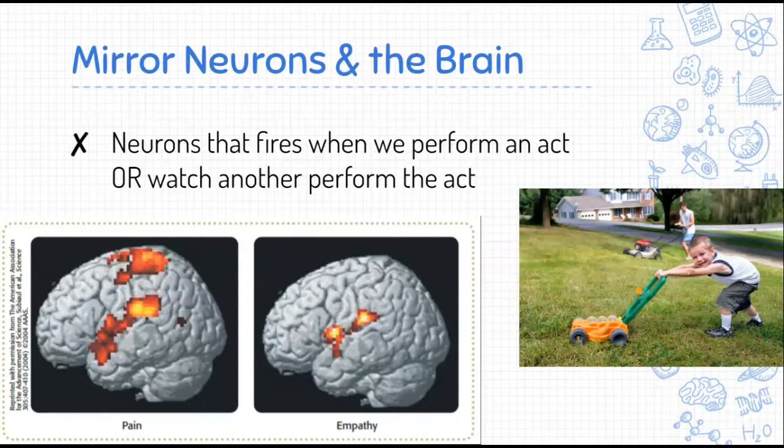This diagram that you're looking at here on the bottom shows a person that is in pain. On the right shows a person that is watching somebody in pain. So what we see is there are some portions right there in the back of the frontal lobe and the top of the temporal lobe that are highlighted in this picture. This is a functional MRI.